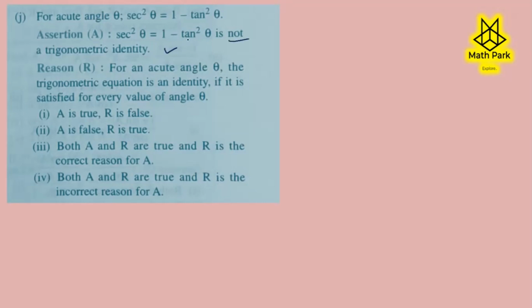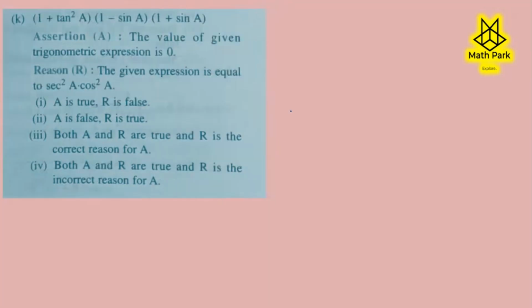For an acute angle theta, the trigonometric equation is an identity if it is satisfied for every value of angle theta. So this is true. So both A and R are true and R is the correct reason for A. So option 3 is the correct option.